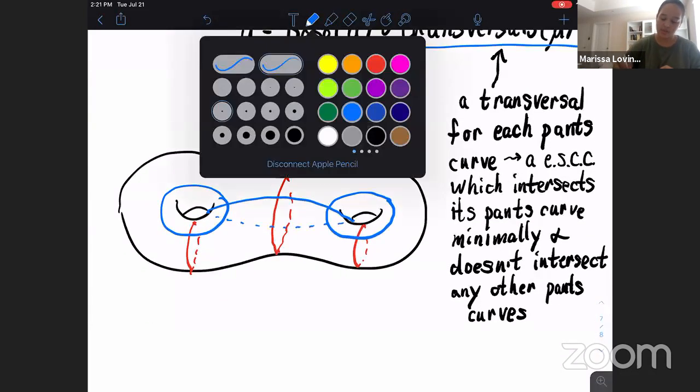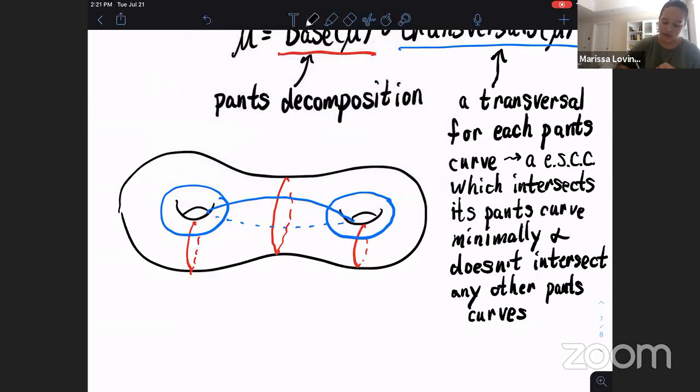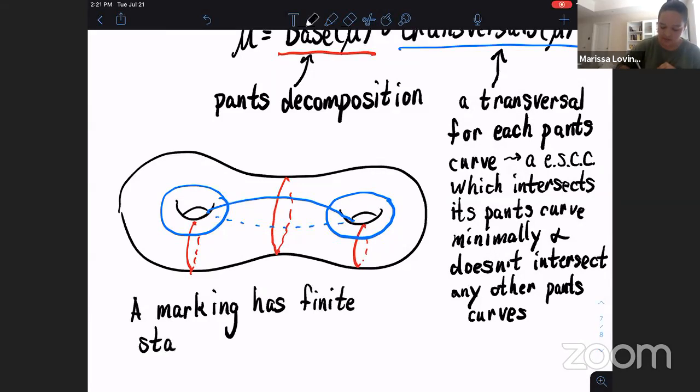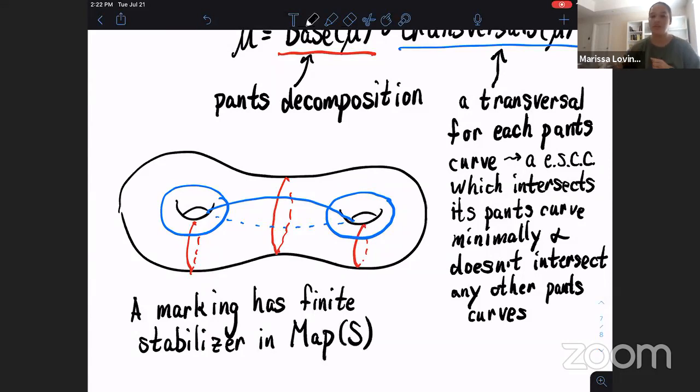And one thing to note is that a marking has finite stabilizer in the mapping class group. So this is really pinning things down, right?